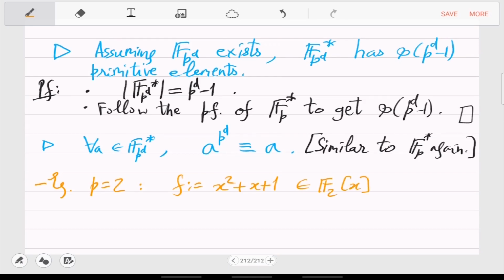Is this reducible mod 2? If it was reducible, then it would have roots, and the roots can only be 0 or 1. You substitute 0 and you substitute 1 and you see that nothing vanishes. So this means that x square plus x plus 1 is irreducible.